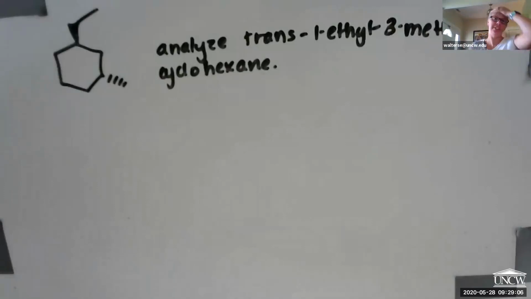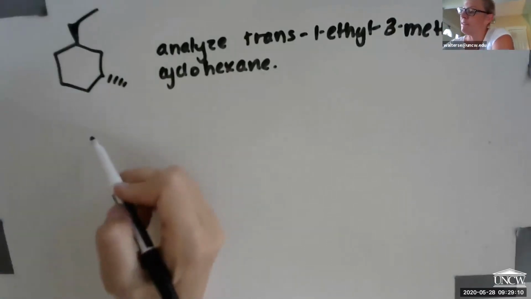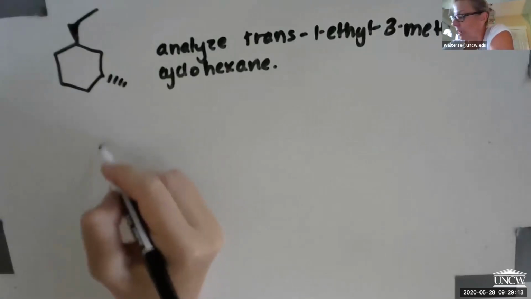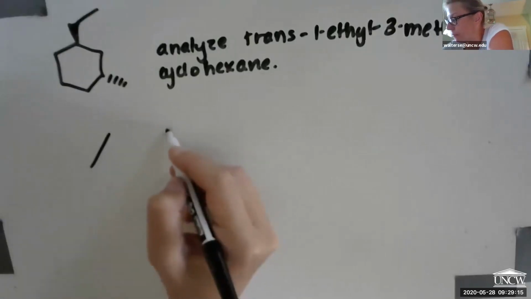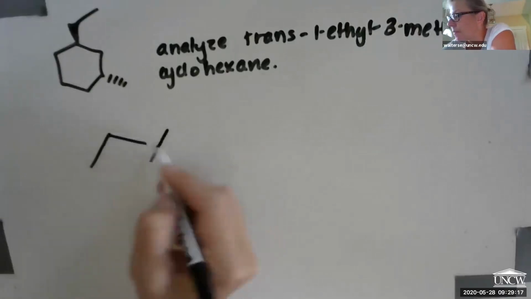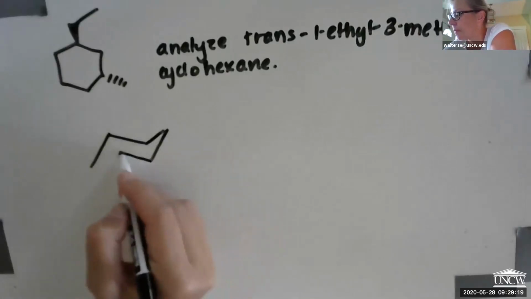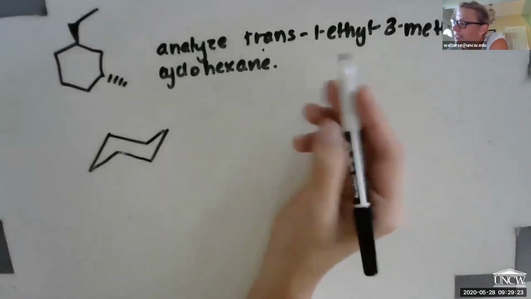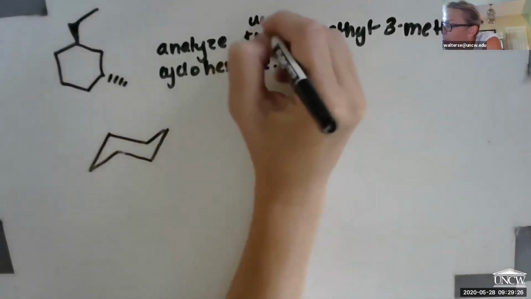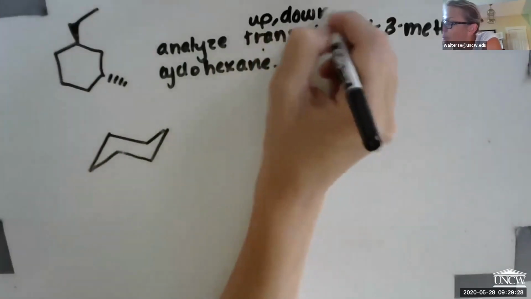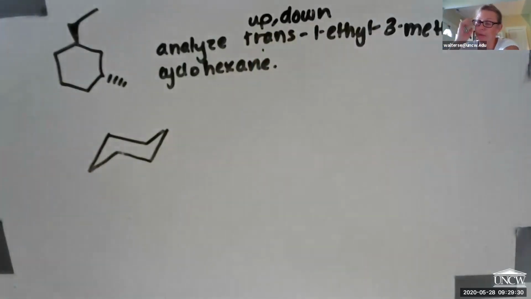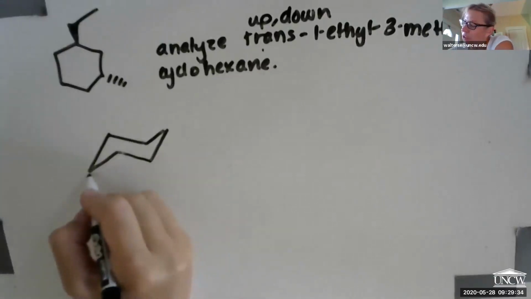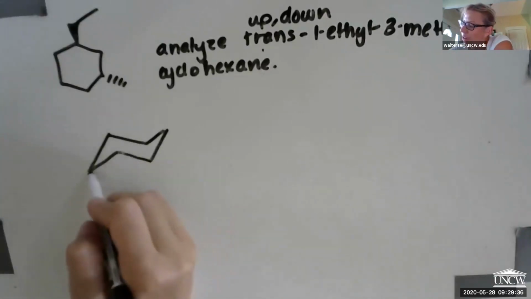Okay, so let's do this one and then you can practice on one more. Again, you start by drawing the chair, and then you look at the name. Trans is telling you up and down, not equatorial and axial, just up and down.